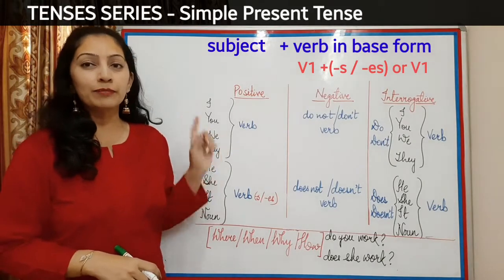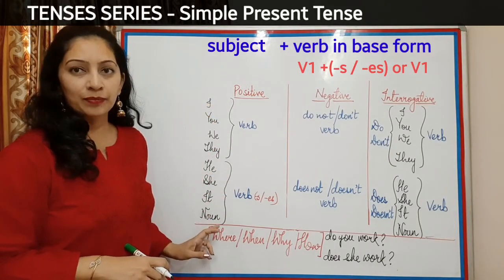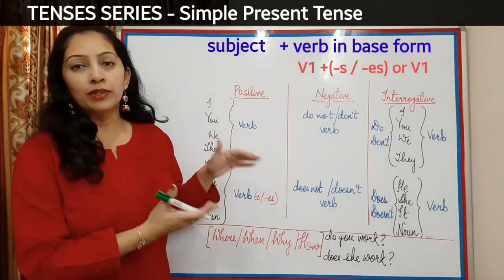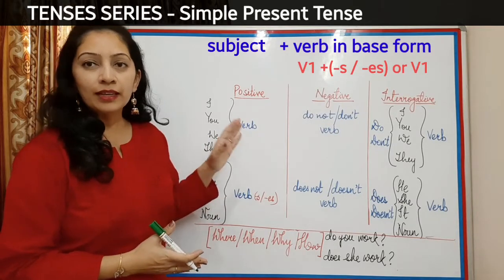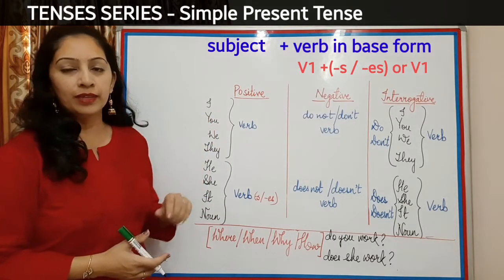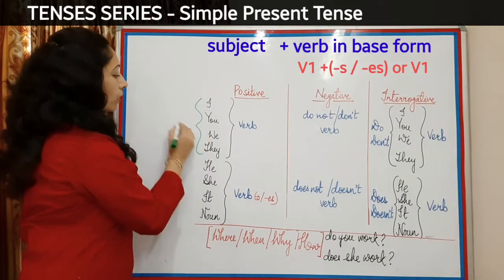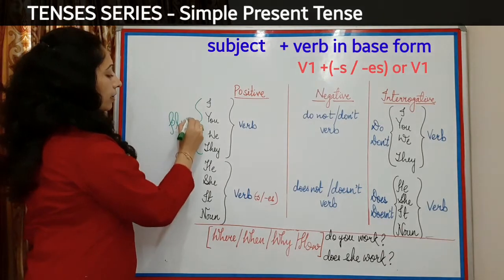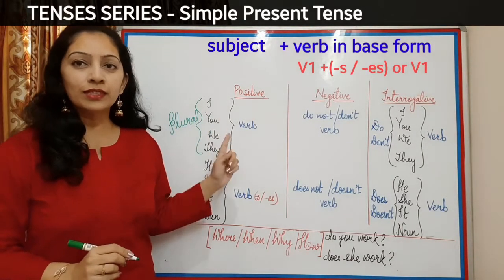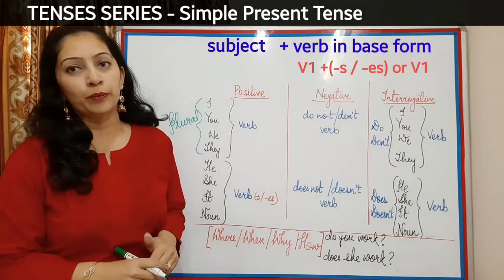To start off with, let me tell you about the subjects first. We have a list of these subjects. Now these are divided into two categories. Some are plural and some are singular. Like, look at these ones: I, you, we and they. Whenever we take these pronouns, this category is always plural category. And the rule says that if the subject is plural, the verb will also be in the plural form.